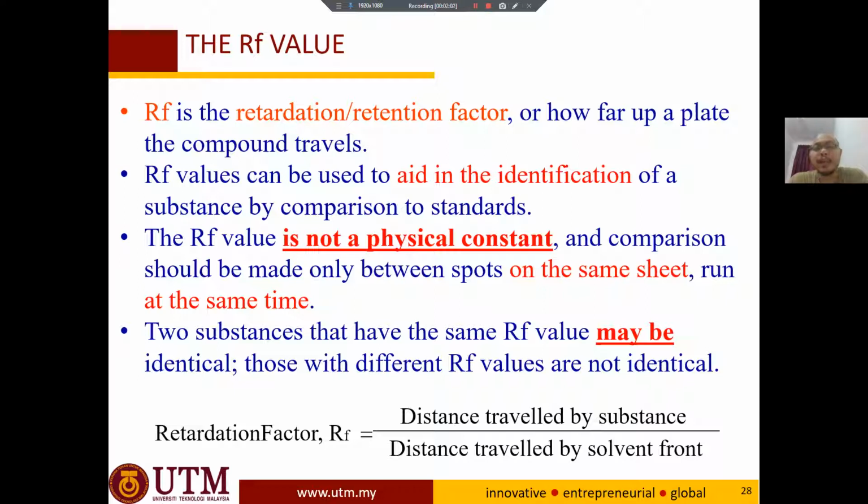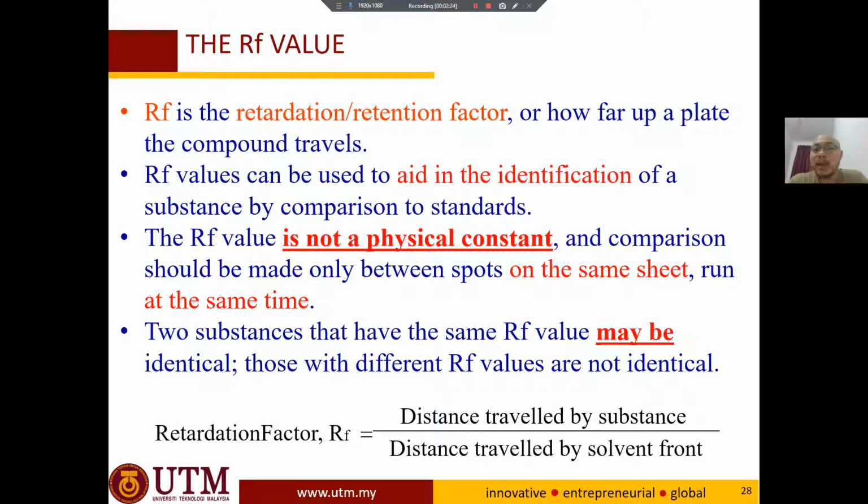Okay, why can they not just use the TLC? The TLC can only help in the screening. Again, I repeat, TLC can only help in the screening. Compound A, the RF value might be the same as compound W's RF value.